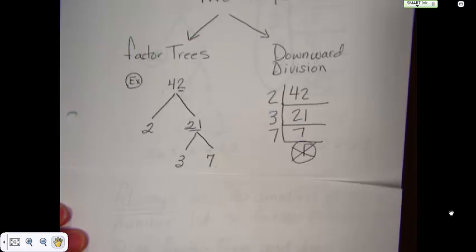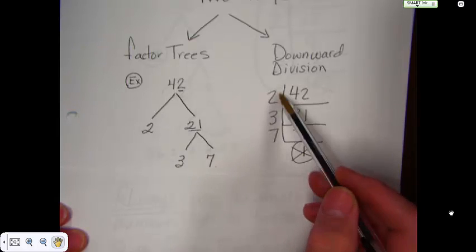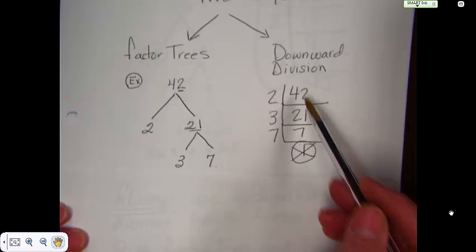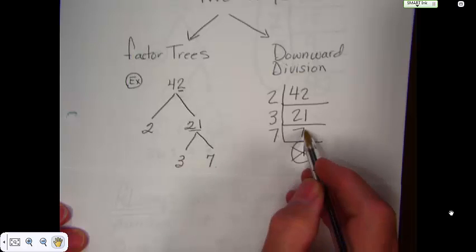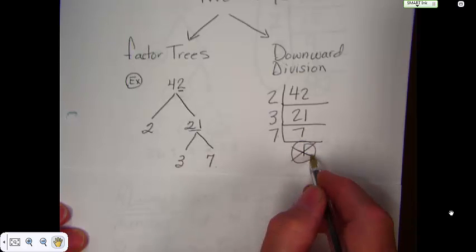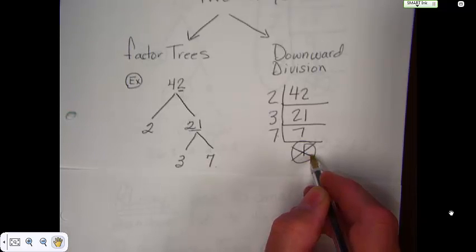Or you can go over here and use downward division: 2 into 42 is 21, 3 into 21 is 7, 7 into 7 is 1, and of course we don't use 1 as a factor when we're writing the prime factorization because 1 is not prime. So when you write your prime factorization, you should never include 1 because it is not a prime.